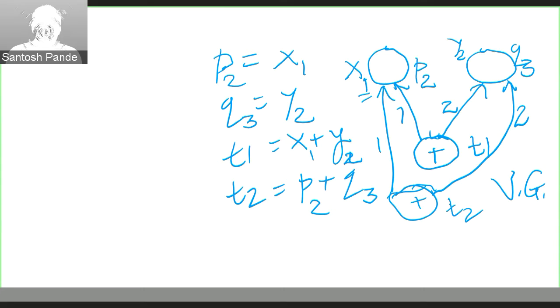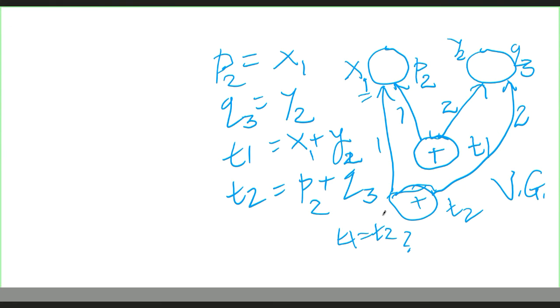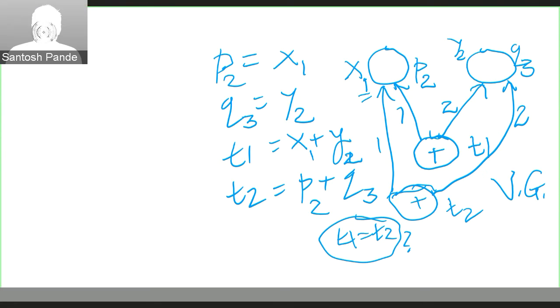Okay. Now we want to verify if T1 and T2 are congruent. What is congruence? Congruence means whether they will always bear the same exact value or not. How do we do that? First of all, we check the operators from which they are synthesized. Both of them are plus. That's the first test, so that first test is passed.